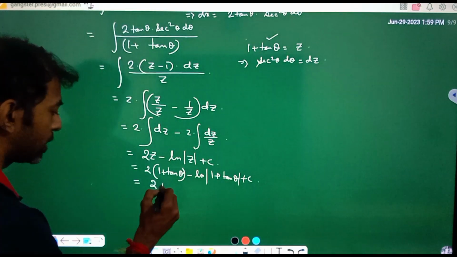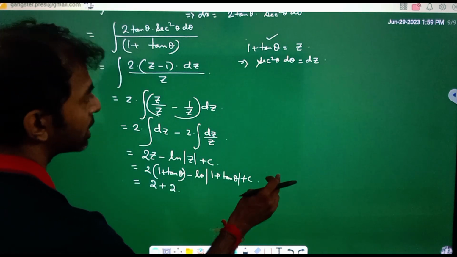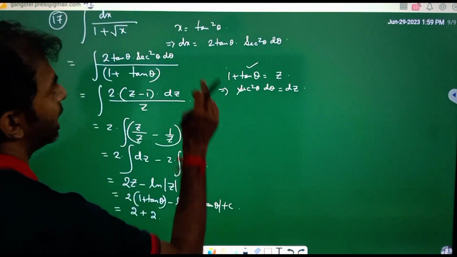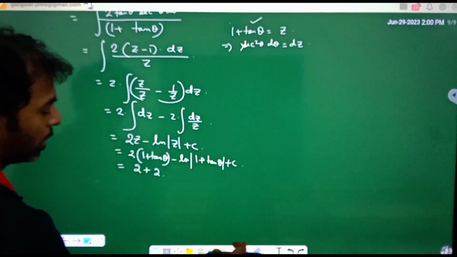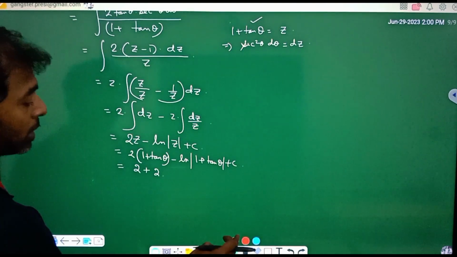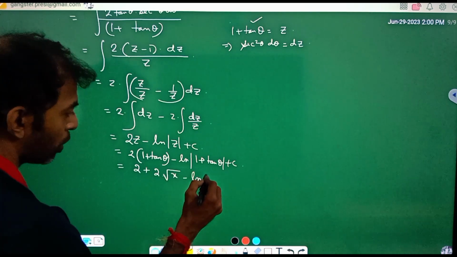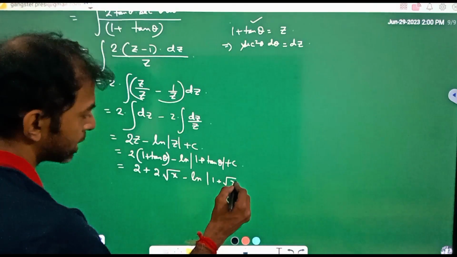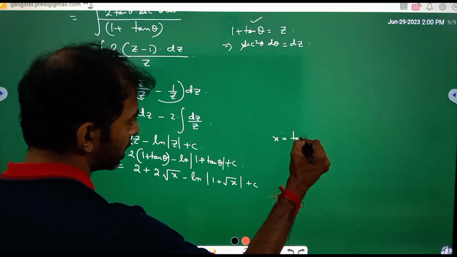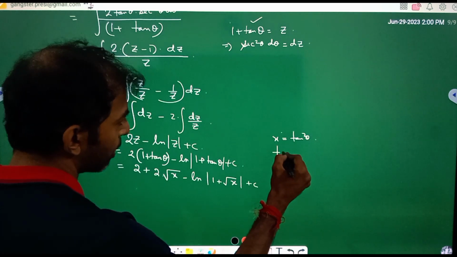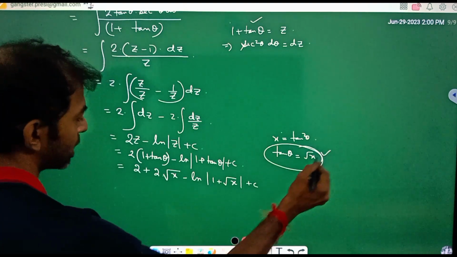Now that will be 2 plus 2 tan theta, and x was substituted by tan square theta, so tan theta will actually be root under x. So that will be 2 root under x minus log mod 1 plus root under x plus c, because x equals tan square theta, so tan theta is definitely root under x.